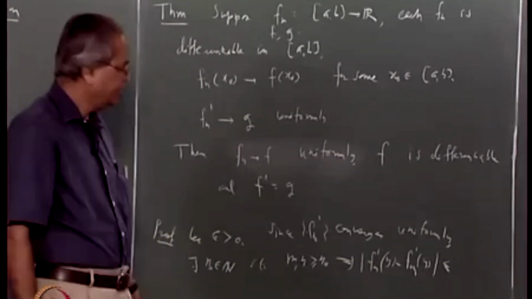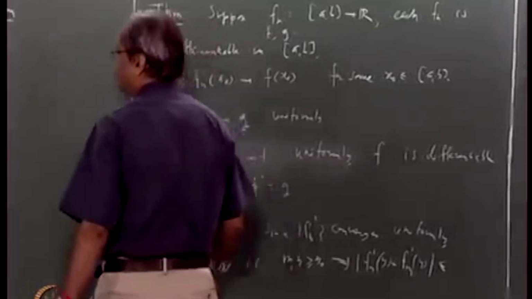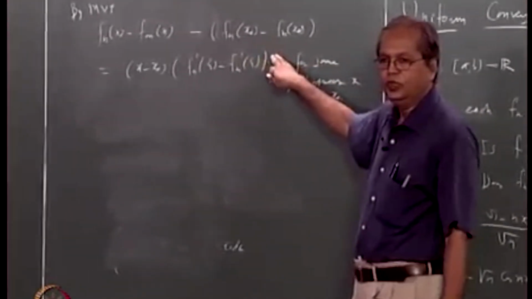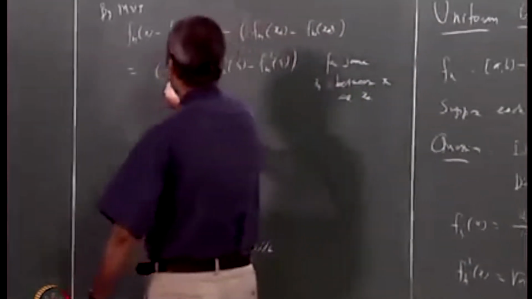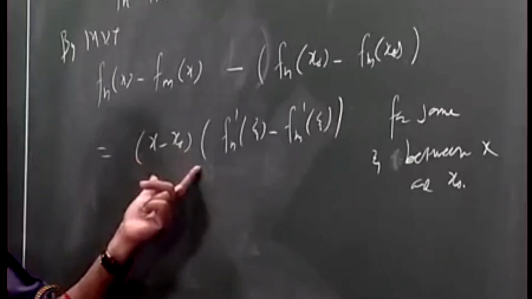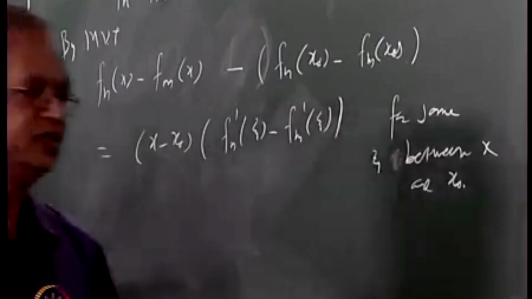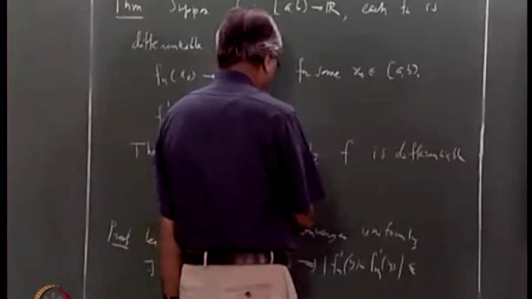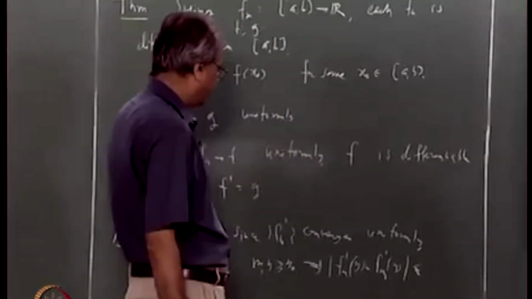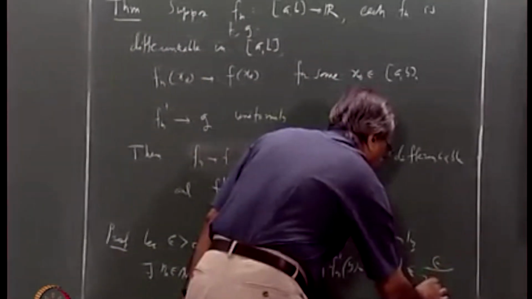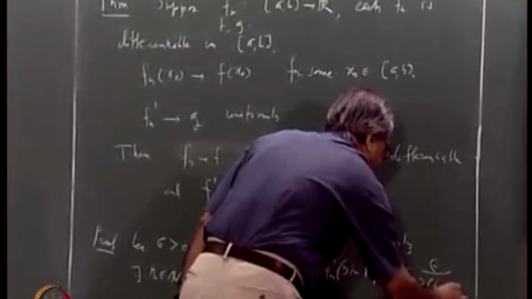Because here we have to add and subtract this quantity, I will make that less than epsilon by 2, but here the multiplication is also by x minus x naught, which will remain bounded by b minus a. So we shall choose n0 such that whenever m and n are bigger than or equal to n0, this is less than epsilon by 2 times (b minus a).